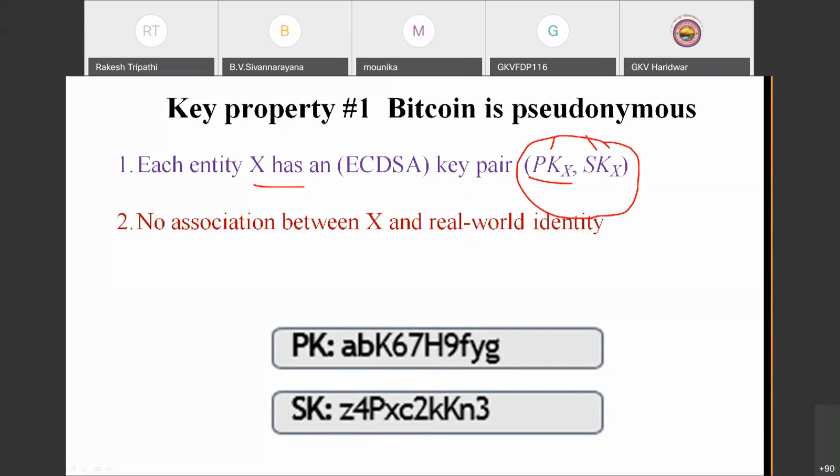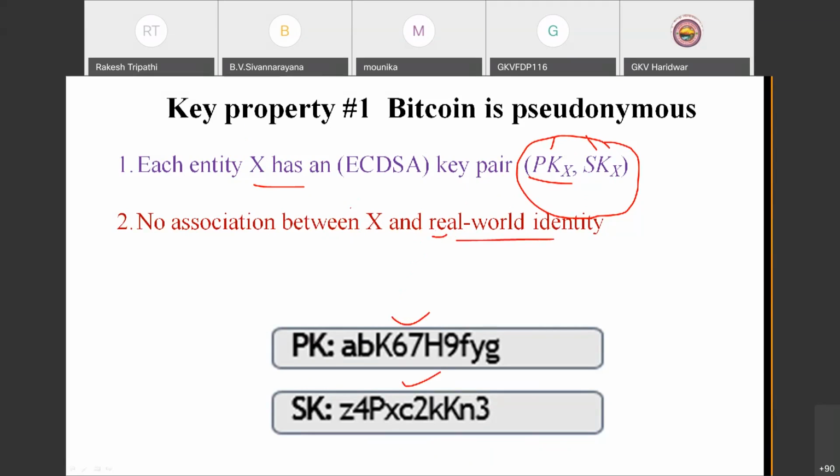In public key cryptography, public key and private key come in a pair, so with one I can encrypt, with the other I can decrypt. And here it is based on the Elliptic Curve Digital Signature Algorithm, ECDSA. There are different digital signature algorithms you can use, but Bitcoin uses ECDSA. So there is a notion of public key and private key, and it has nothing to do with your real world identity. So my name, Rakesh, has nothing to do with it.